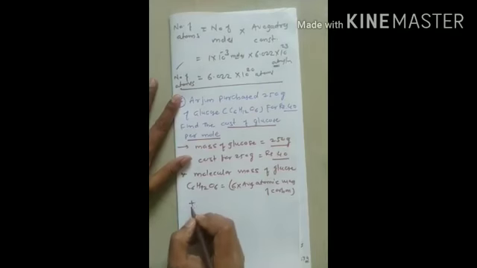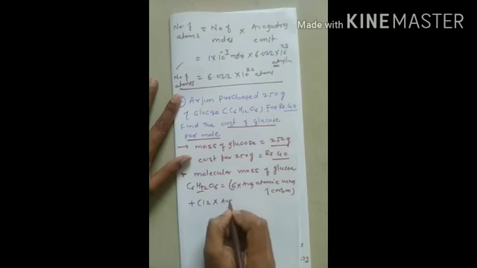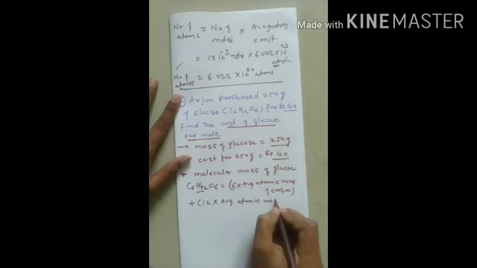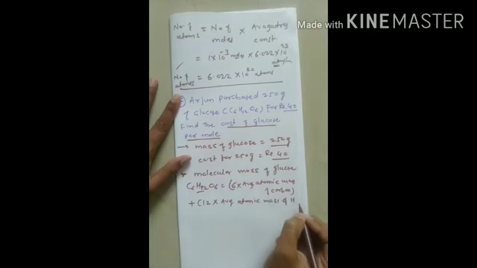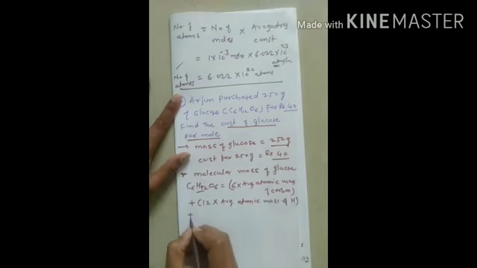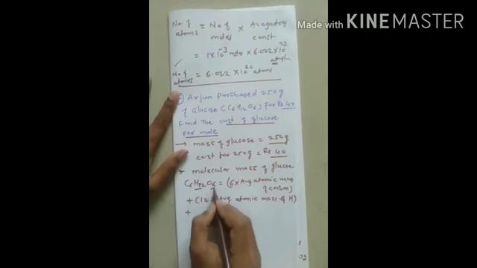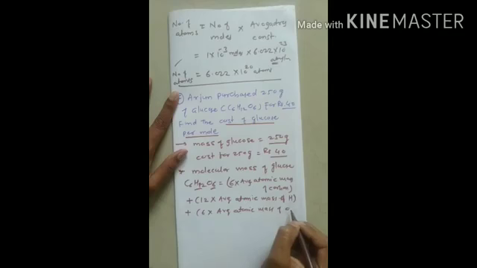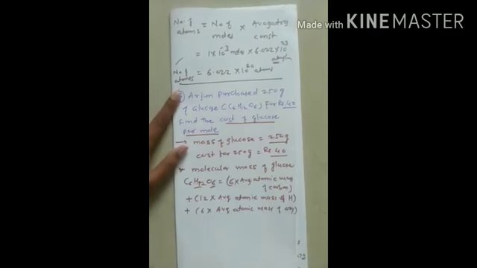Then we add the second element, hydrogen, and the number of atoms is 12, so 12 into the average atomic mass of hydrogen. The third remaining element is oxygen, with 6 atoms, so 6 into the average atomic mass of oxygen. We have calculated this several times, so I am writing in a somewhat fast way.